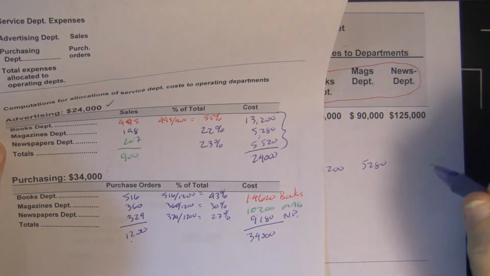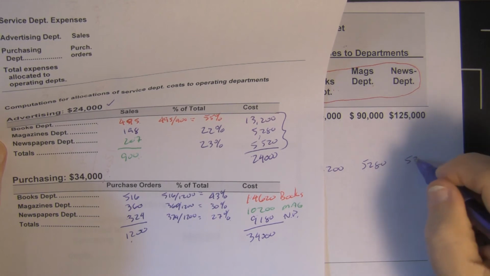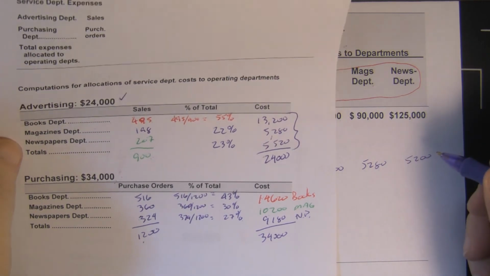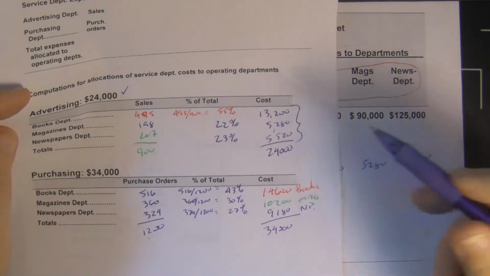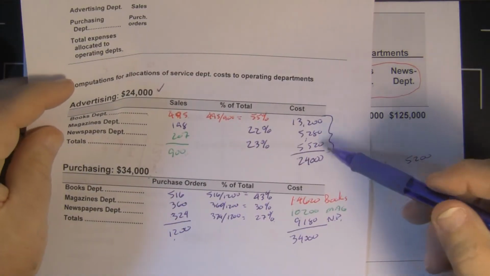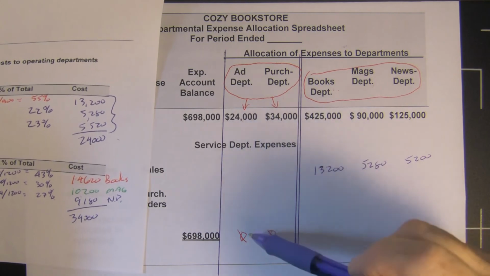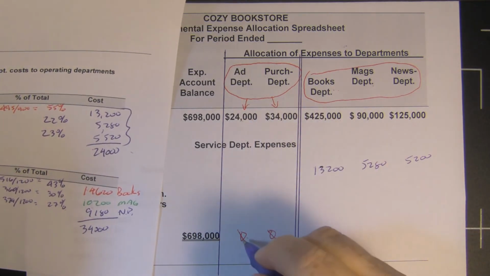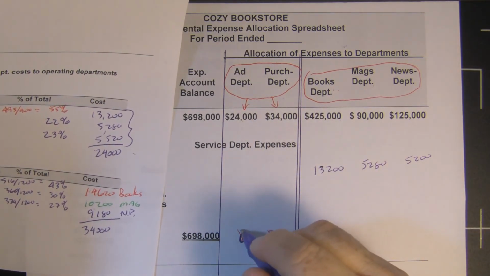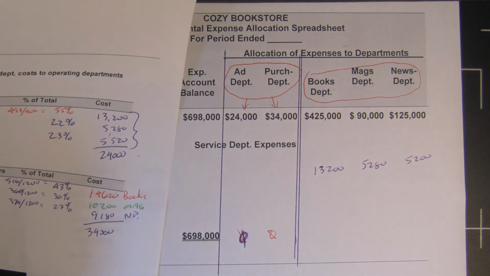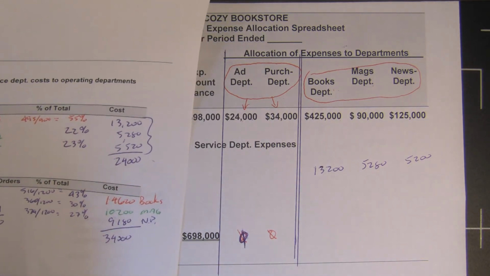And newspapers gets 5,520. That's the advertising. That's how we're allocating the advertising expense. So we've taken this 24,000, made it go to zero because it makes no sense to charge the advertising department for advertising department expenses.